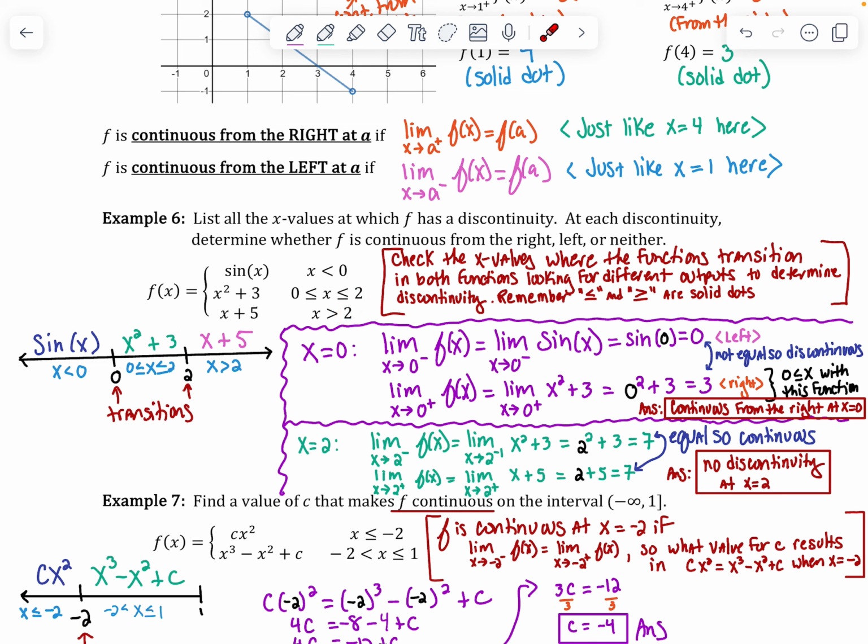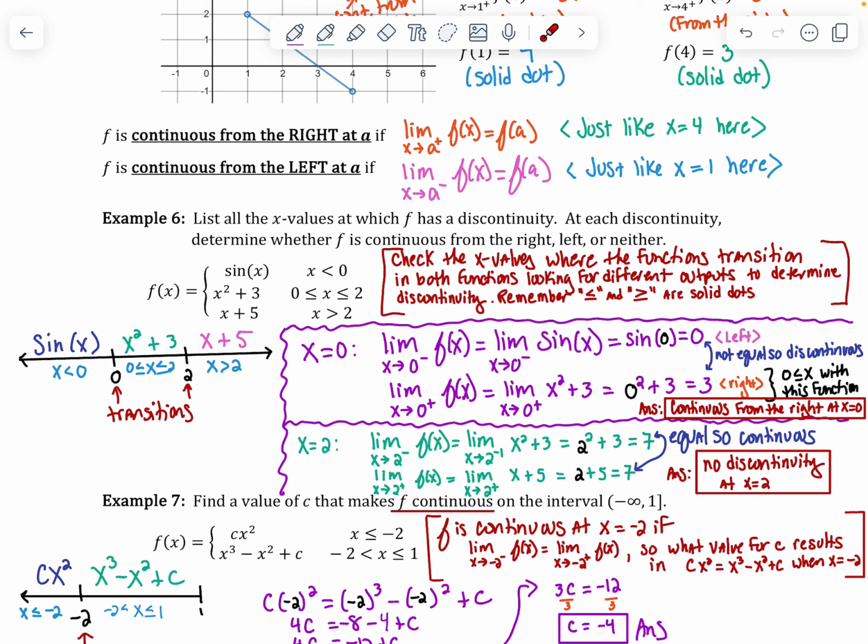So looking at x equals 2, we need to take the limit on the left, which would be the x squared plus 3 function, and the limit from the right, which would be the x plus 5 function. I'm going to plug 2 into both functions, and I get 7 as the answer for both of them.